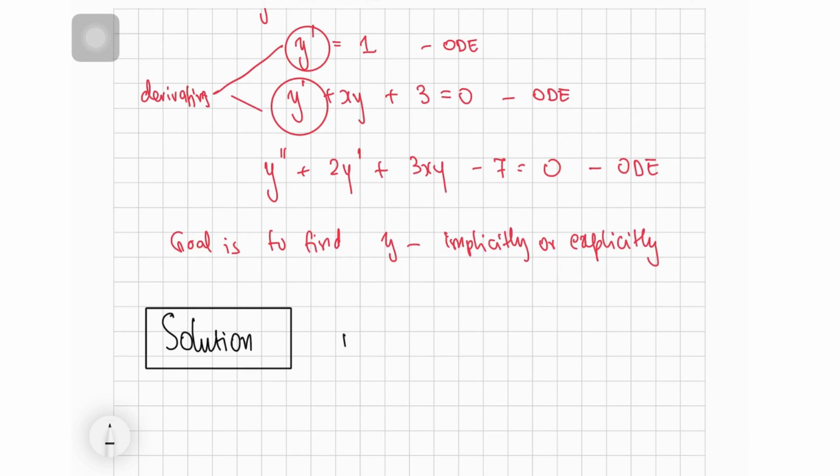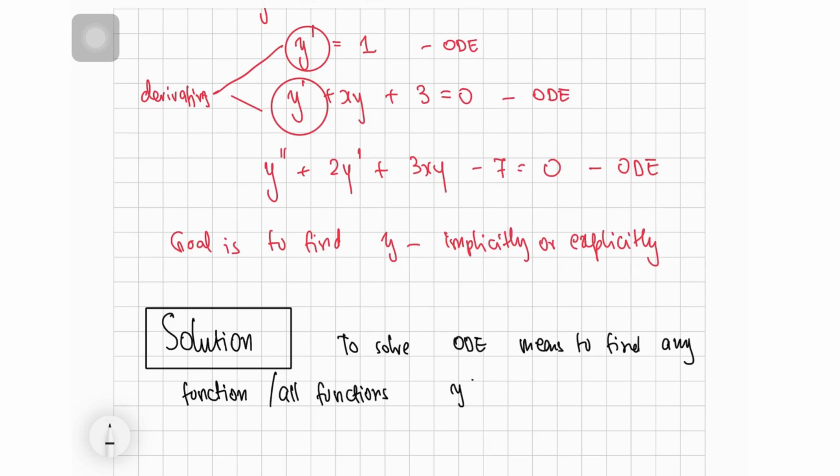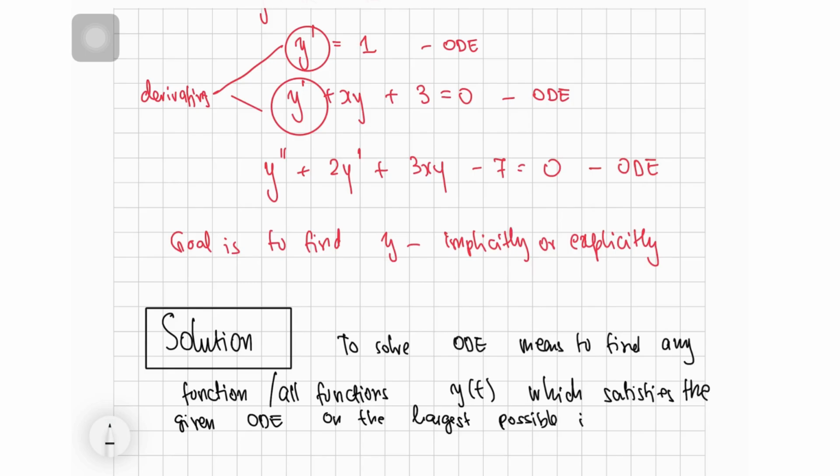To solve an ODE means to find any function or all functions y of t which satisfy the given ODE on the largest possible interval. Let's call that alpha beta.